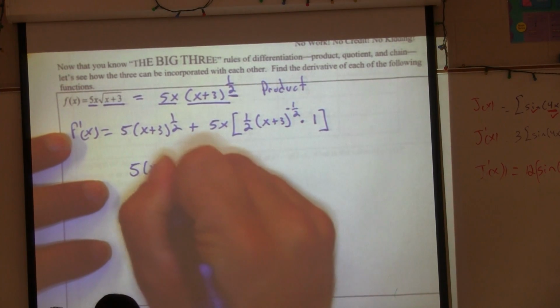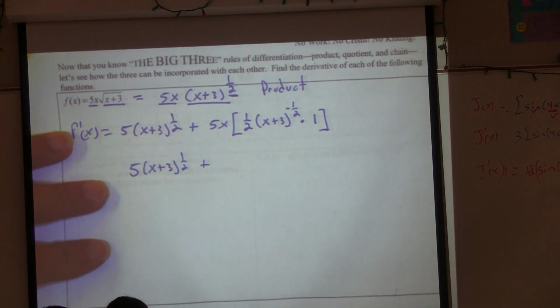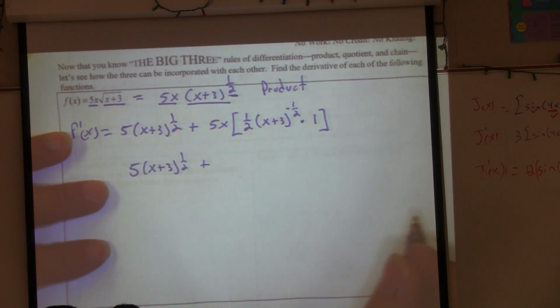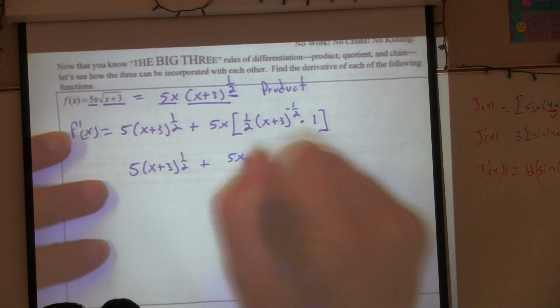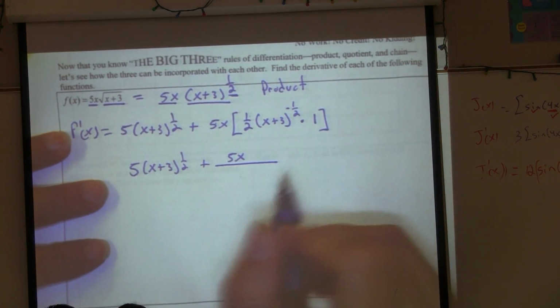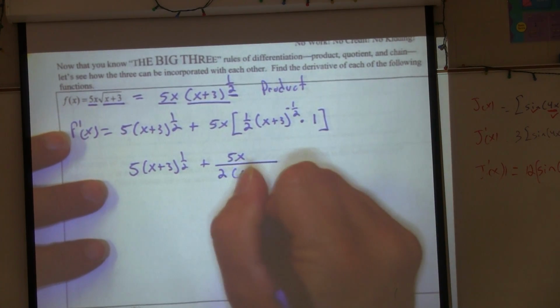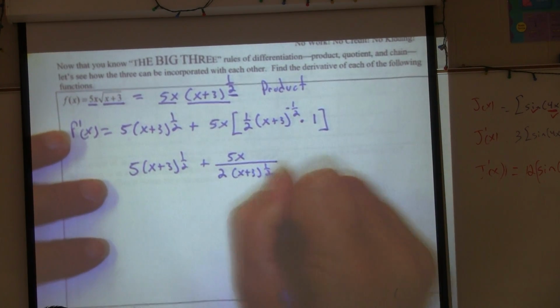5 times x plus 3 to the half plus, what does this end up becoming? What stays on the top? The 5x, right? Because 5x times the 1 divided by 2 x plus 3 to the half.